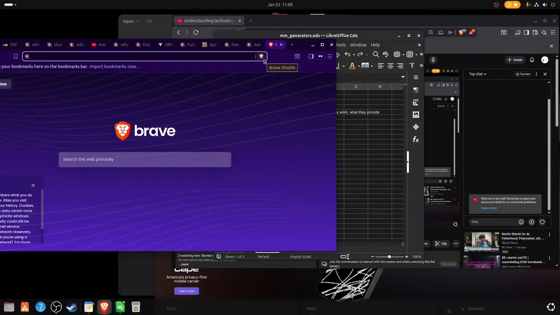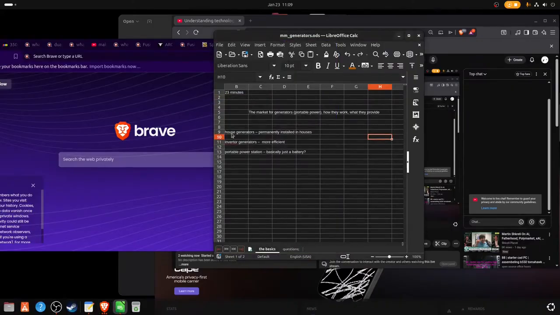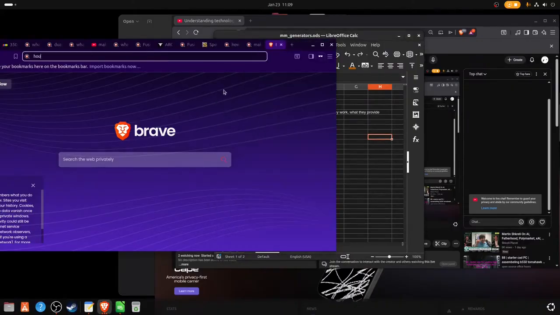I want to compare inverter generators to non-inverter generators. What are the other ones called? House generators. House generator for sale.